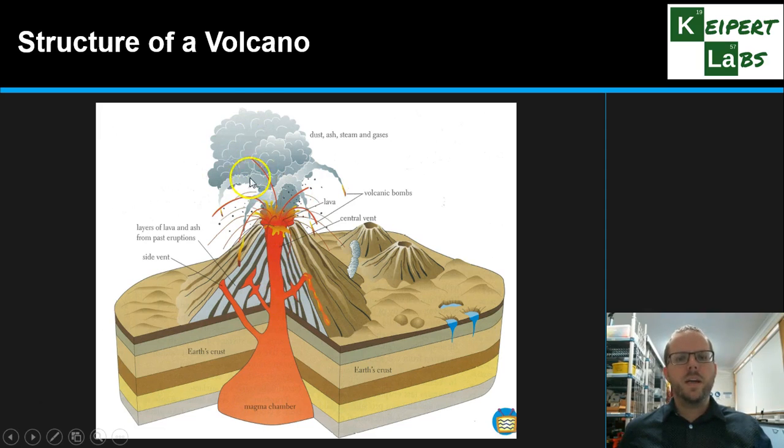And then we're seeing up here from a classic volcanic eruption, lots of dust and steam and ash that's forming out here. We're getting lava. We're also getting these big chunks of rock called volcanic bombs that are being shot out of the volcano. And the whole volcano itself is being built from layers of the rock that formed from previous eruptions. Depending on how runny that rock is will affect the shape that volcano takes.